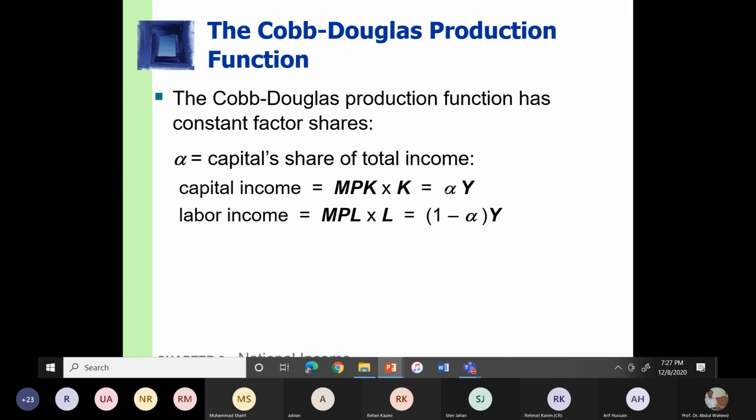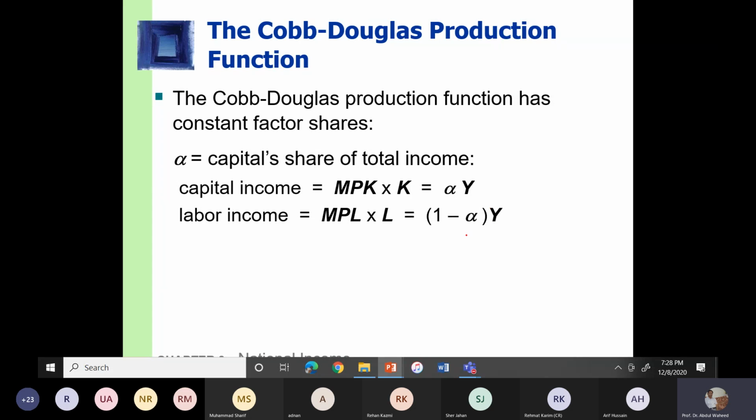So this is the income. This is the share of capital to total income. So if we multiply this, we will get the capital income. And if alpha share goes to capital, then it means 1 minus alpha share will go to labor.